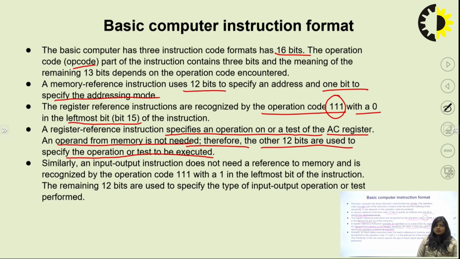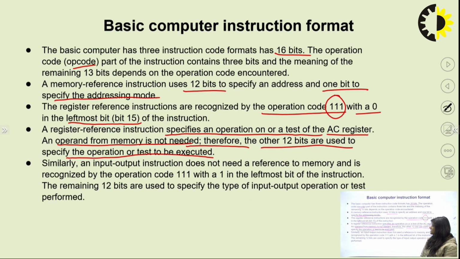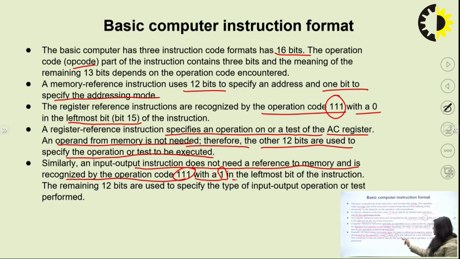And last, similarly, we have our input output instruction. Basically, this instruction does not need a reference to memory, and it is recognized by the operation code, which is 111, and the last bit is always 1. The last bit, the leftmost bit of the instruction, will always be 1.